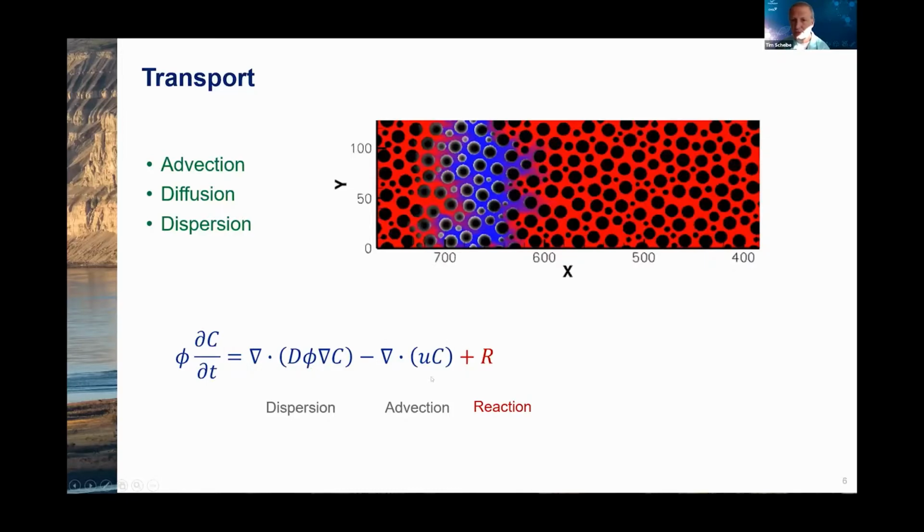And then this term represents the advection, which is the movement with the velocity of the fluid flow, where U represents the velocity vector at the local point in space and time. And the way we generally incorporate reactions into the advection dispersion equation is by adding a reaction term. And it's really this reaction term that we want to talk about a lot today. How do we represent that reaction term when we combine reactions with transport?